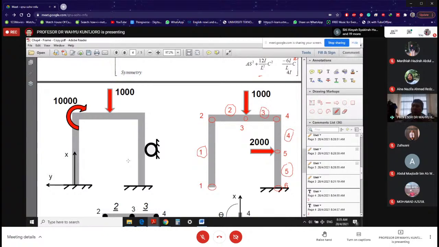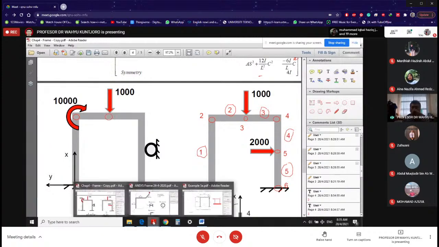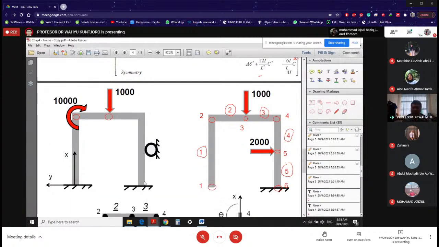Okay, so now what about the structure on the left? We are going to apply the same principle. When you have the load, you have the node. You have the load over here in the form of bending moment. Also here. When you are having support, then you must have the node over there. When you are at the end, you must have the node.